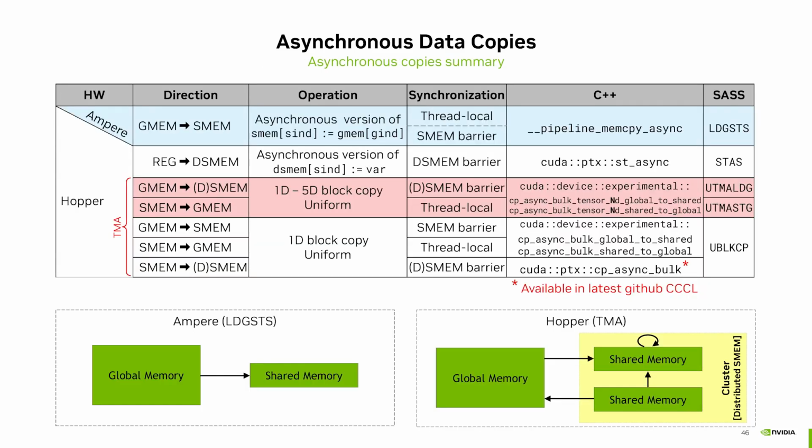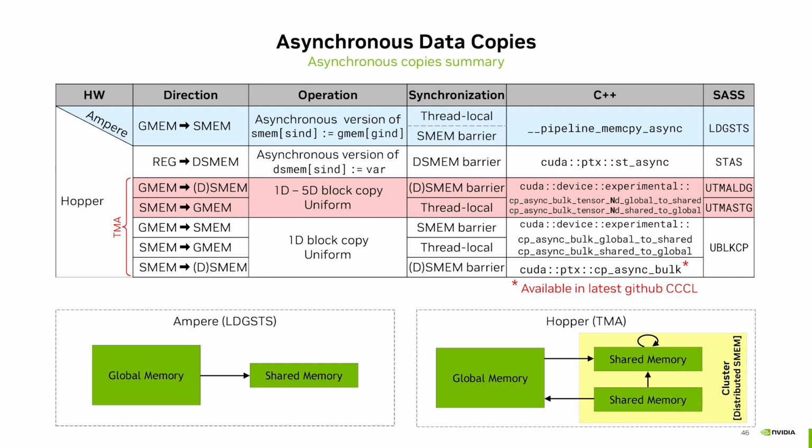Okay, so first I'll start with a summary of asynchronous copies that are currently available. So the first one was introduced by Ampere architecture, and it allows only one direction of the copy, from global memory to shared memory. It's essentially an asynchronous version of the assignment operator. And then, since we are doing copies asynchronously, we need to introduce some tool to synchronize the operations on completion.